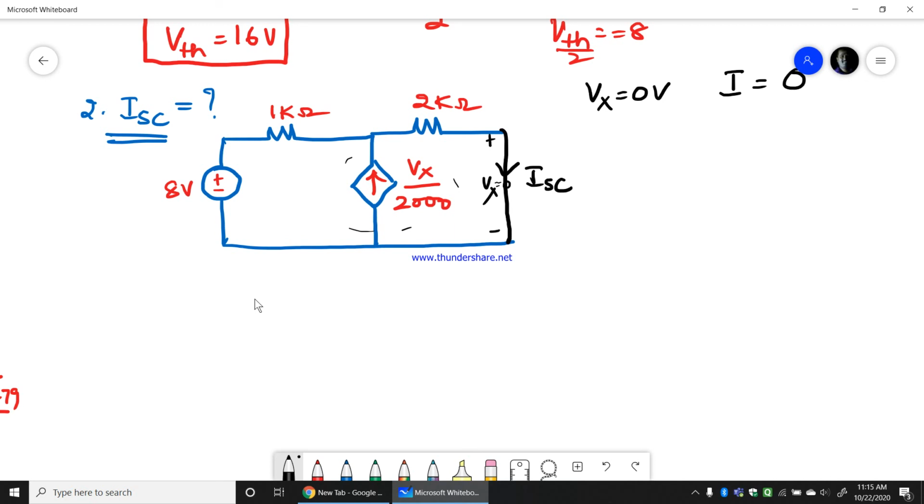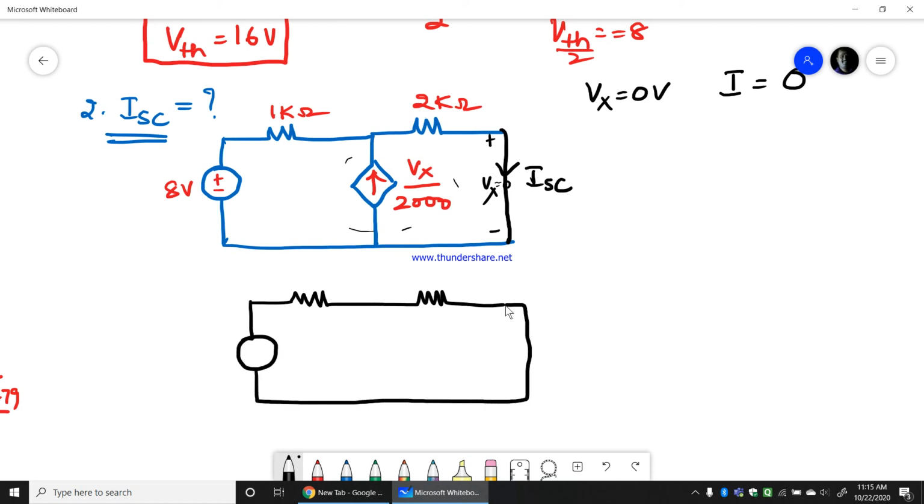So the equivalent circuit that we get here is, I have 1 kilo ohm, 2 kilo ohm, I have 8 volts, and this is ISC which we need to find out. So ISC is nothing but the loop current of this loop. So what would be ISC?